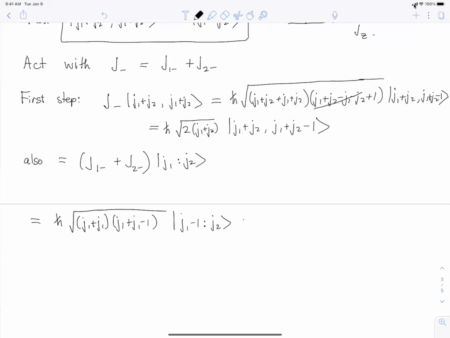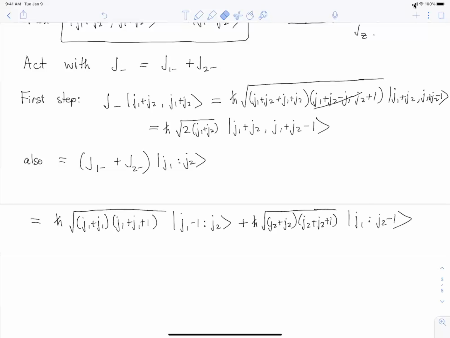And then the second term looks very similar, except J1 and J2 are interchanged everywhere. So J2 times (J2 + J2 - 1) times J1. And now we lower M2 by 1 unit.